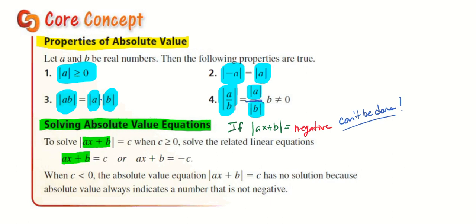We're going to take the ax plus b's and set them equal to our positive c value and then to our negative c value. Now what it's saying right here, when c is less than 0 from the original problem, that's where we have no solution, right? We have no solution because it cannot equal a negative number. And that's what we were talking about right up here.